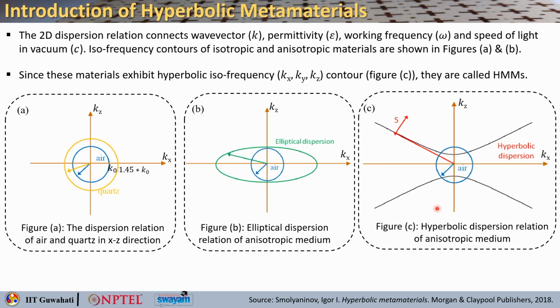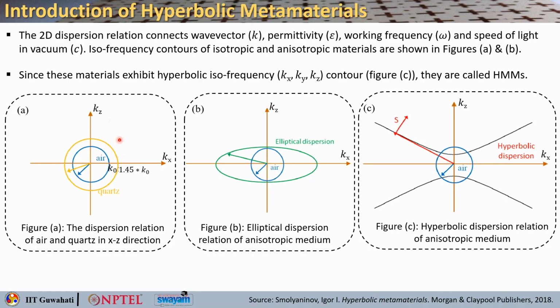The shape of the isofrequency contour reveals whether the material is isotropic or anisotropic. It tells you about the wave propagation direction and the potential of exotic phenomena like negative refraction and so on.